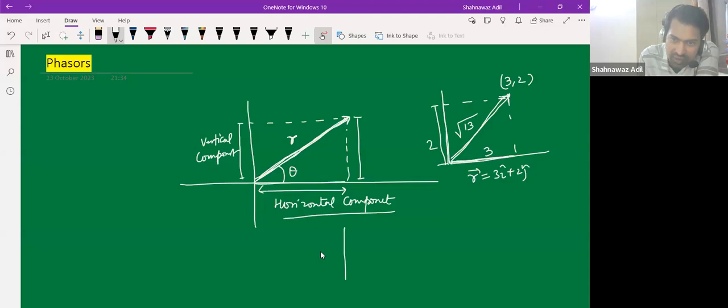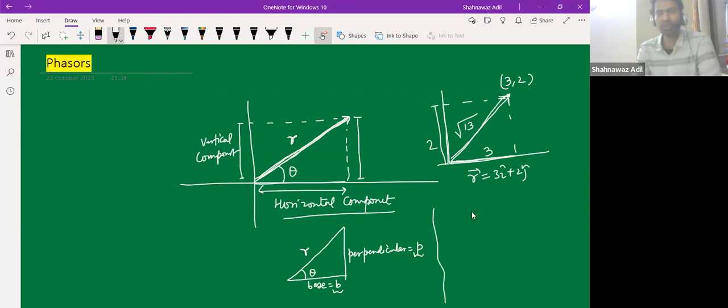In a similar way, we have this vector, and this is the triangle that we have. This is theta, this is r, this is base, and this is perpendicular. Let me write it in short notation, b and p. We have to find out b and p, and theta and r are given.